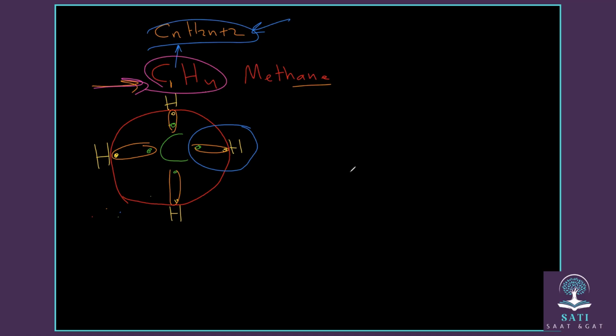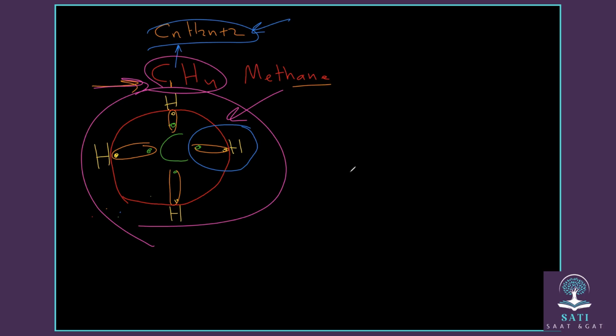The molecular formula gives us how many carbon atoms and how many hydrogen atoms there are, but it doesn't give us the structure. It just gives us the numbers, C1 and H4. But this one, as you see, is the structure of methane. Its structure is like this: the carbon atom is in the middle and around it are 4 hydrogen atoms.